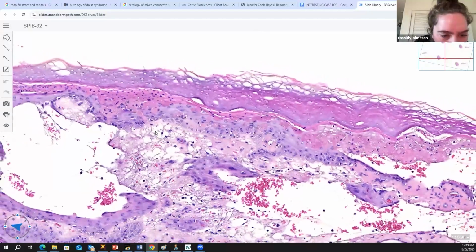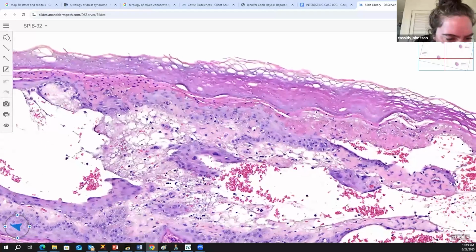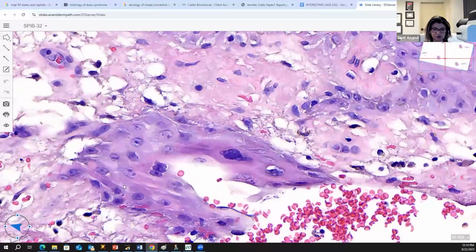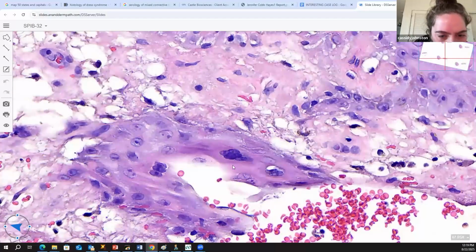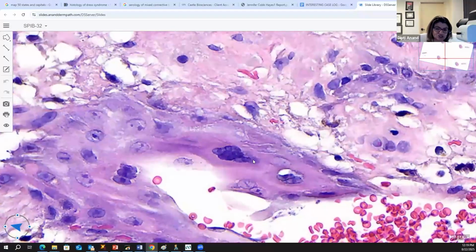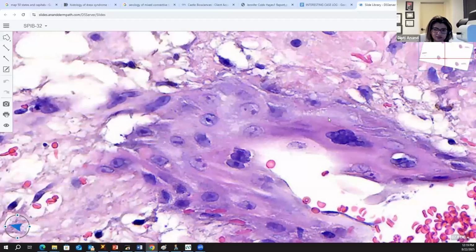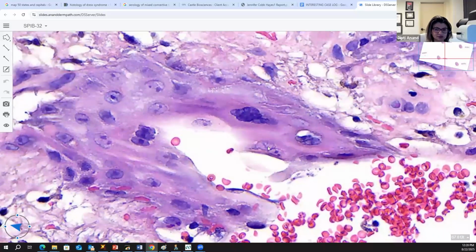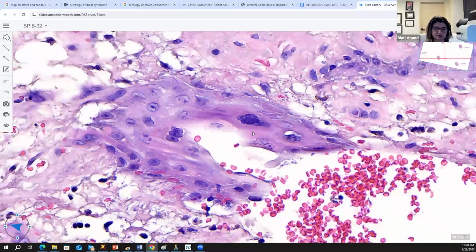A little bit in the middle of the screen, there's some cells there, and then a little bit lower. Oh, here, you're saying. Yeah. Oh, wow. Okay. They are collected together. Multinucleation is present, but it's not really margination, because if you compare the nuclei to the background cells, they all look similar.